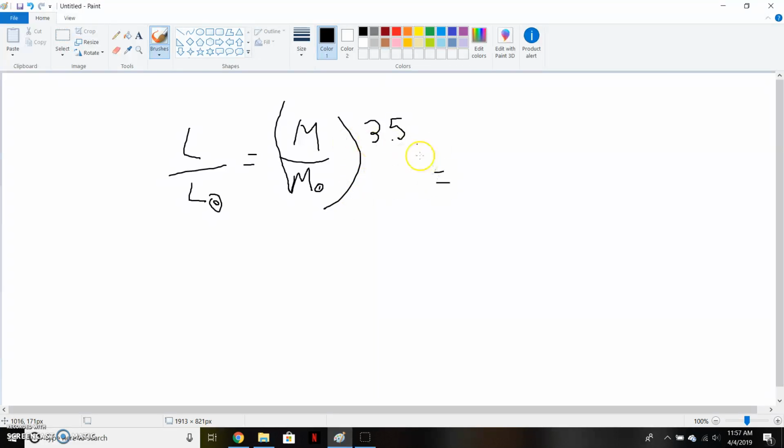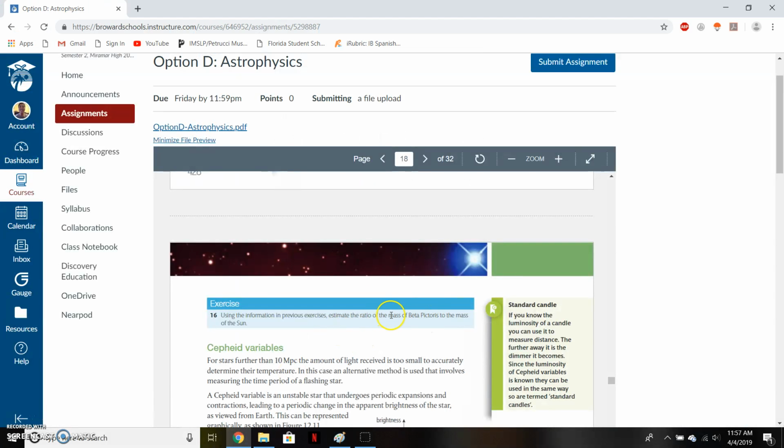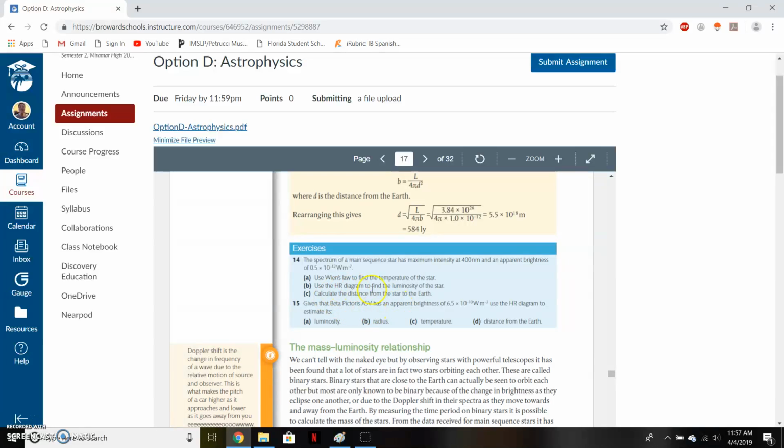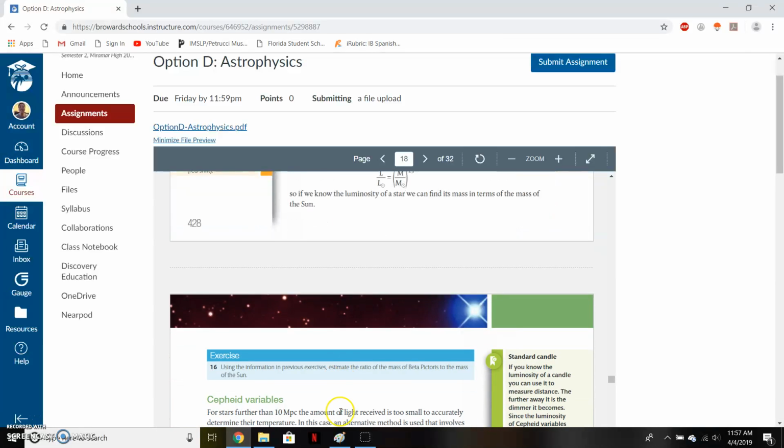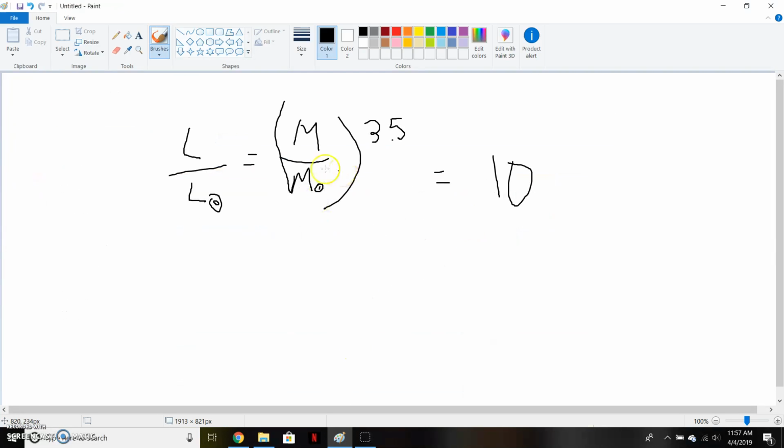And because they said that luminosity was 10 times that of the sun, it would equal 10 in this case. They're using the star that we analyzed for question 15. So, given that we solve for the mass of the star, we don't really need this information here.